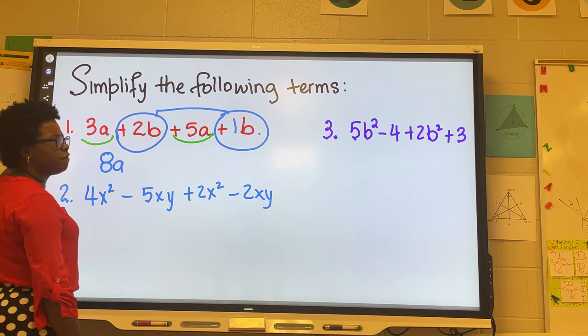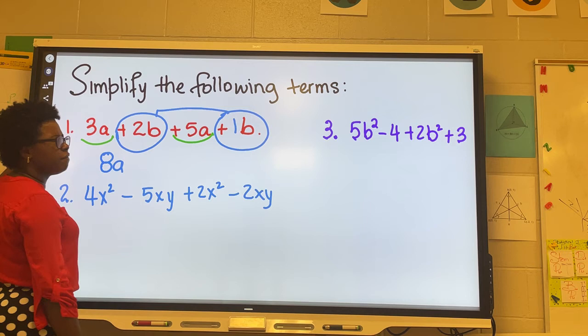So here is negative 5, so 5 goes under the negative region. Here is a negative 2. The 2 goes under the negative region. Once you have the numbers under the same column, you add the numbers. So 5 plus 2 is 7. And this is a negative 7 because it is under the negative section. Alright, negative 7xy. And that's how you simplify.